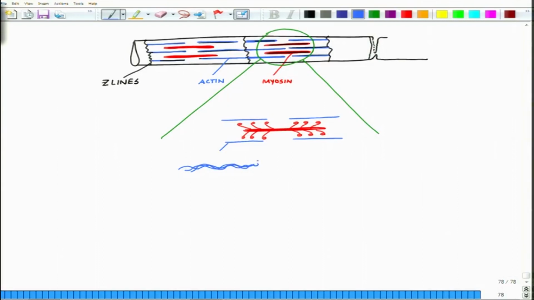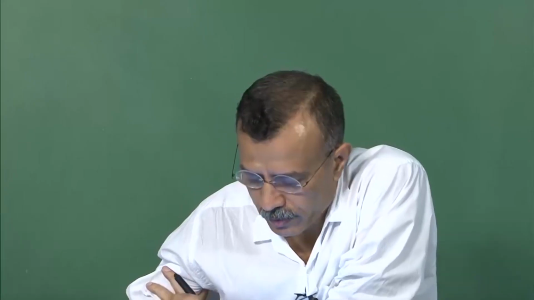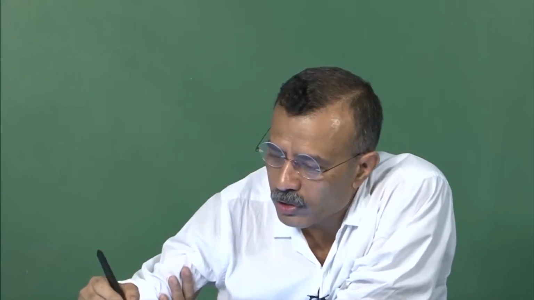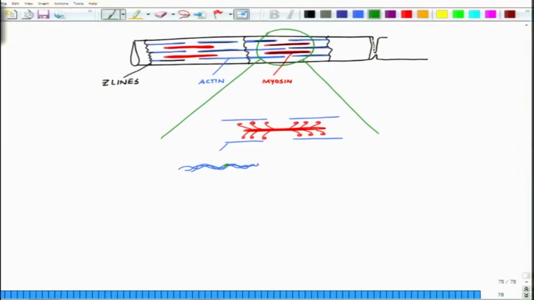In a normal condition, these actin filaments are in proximity with the myosin heads, but they are not in touch. They cannot interact with the actin filaments because of the blockages which are present out here. There are different proteins present on the actin filament: troponin, tropomyosin complex.